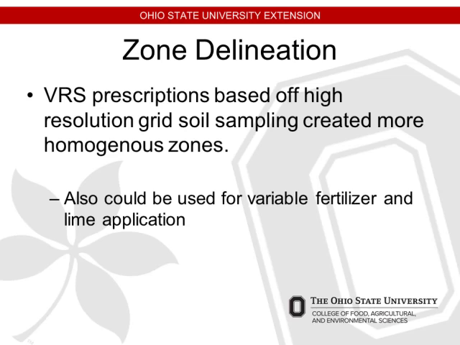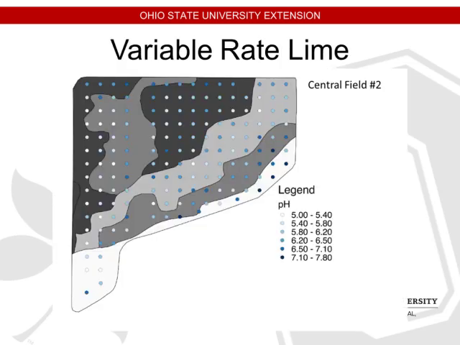The advantage of this grid soil sampling as well is the usefulness in using it for variable rate lime or fertilizer. So with these soil samples, we see a lot of variability across the field. Again, this is going back to Central Ohio too. This just shows pH of the field going across the field.